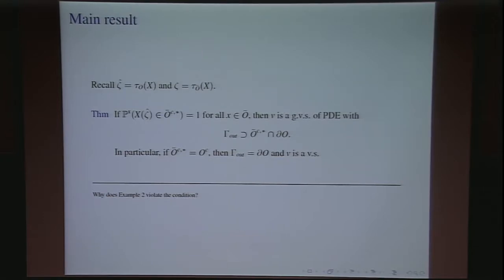You cannot have it touch here and here and here, then this one is bad and gives some trouble. But this one is good. So this condition restricts X to those processes which, if they go out, go out from the regular part, and before that don't touch the irregular part.